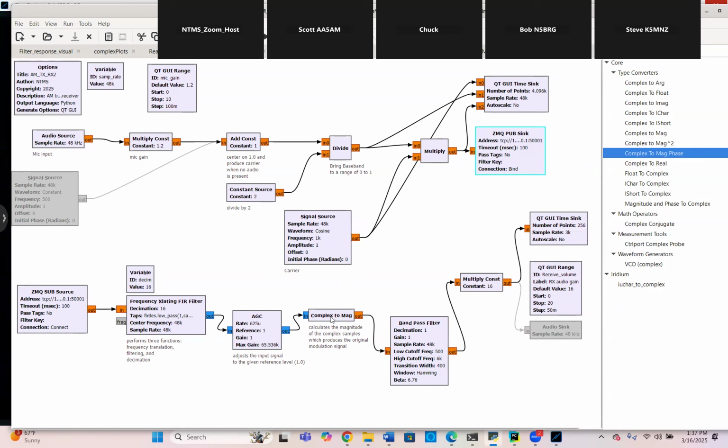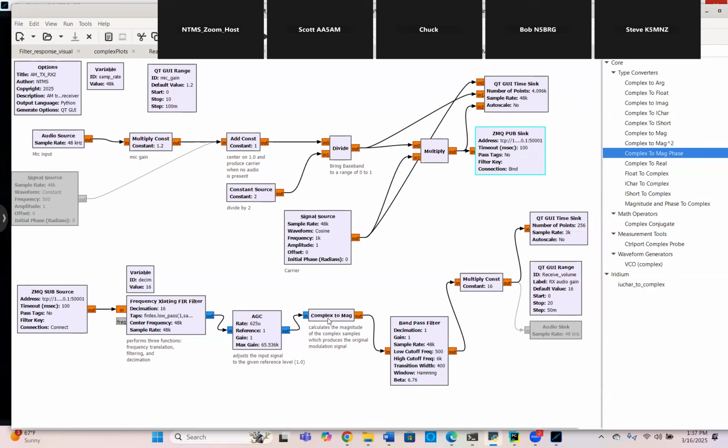There is a block called complex to phase also, so that you can separate the magnitude and the phase, which are going to be some of the subject that we're going to cover next. But the important thing here is that this is the demodulator.